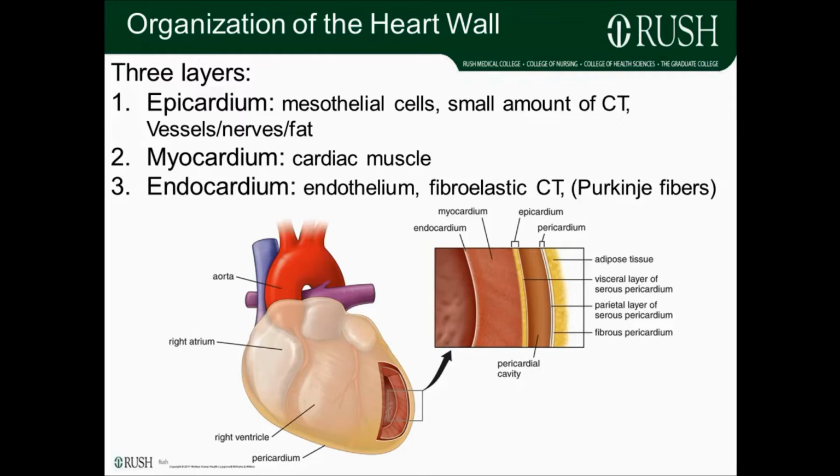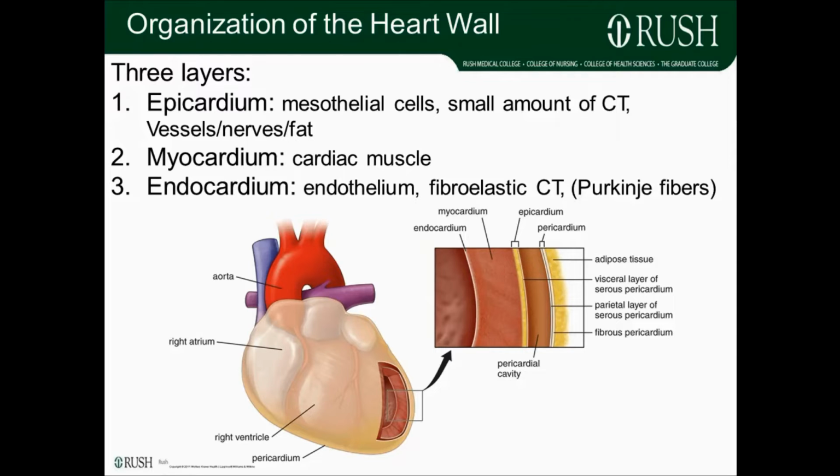The heart wall can be spoken of in the same way that you look at the vessel walls, as a structure with 3 distinct layers. Starting at the outer layer, we have the epicardium, which is comprised of mesothelial cells, a small amount of connective tissue, vessels, nerves, and fat.